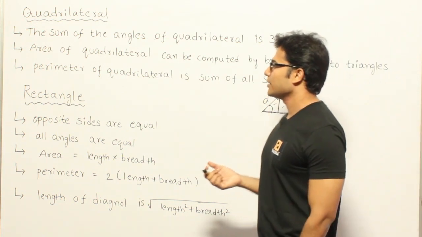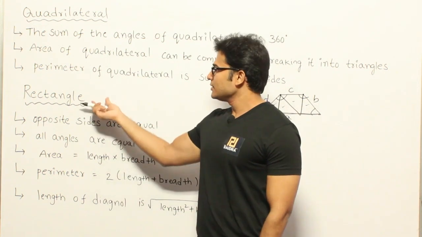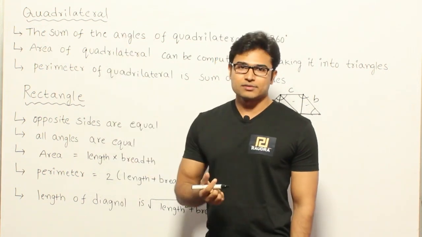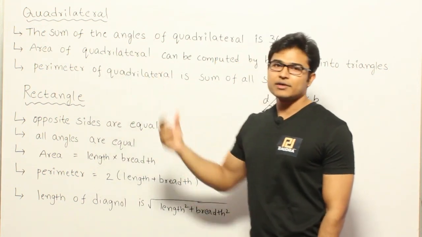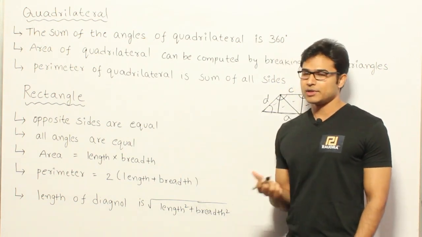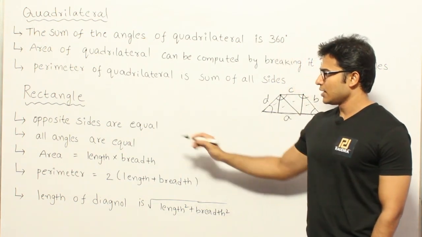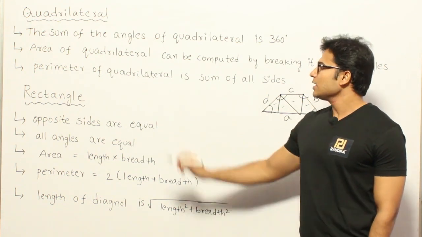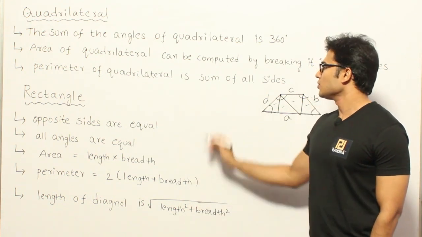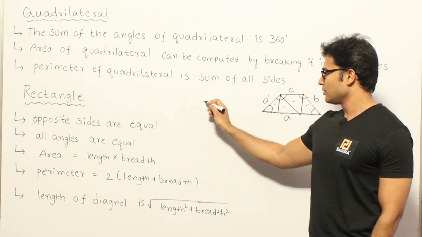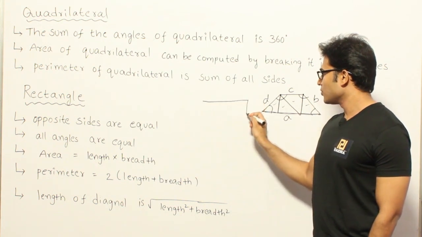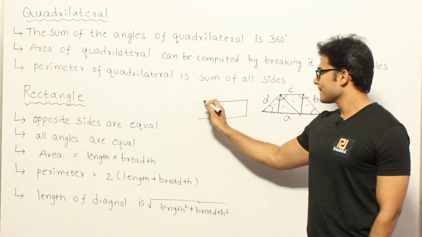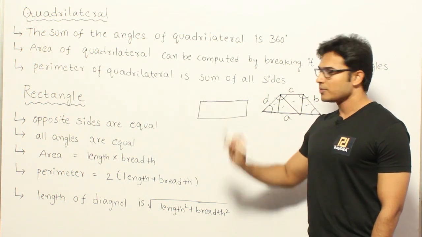Now let's talk about a rectangle. A rectangle is a subclass of quadrilateral, which means a rectangle is a quadrilateral which satisfies these properties. What are the properties? One is, opposite sides are going to be equal and all the angles are equal. So in a rectangle, opposite sides are going to be equal and all the angles are going to be equal.